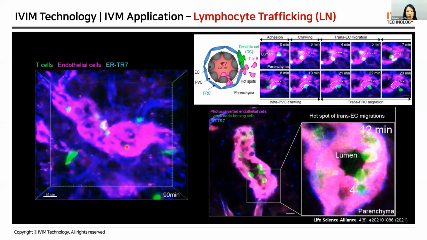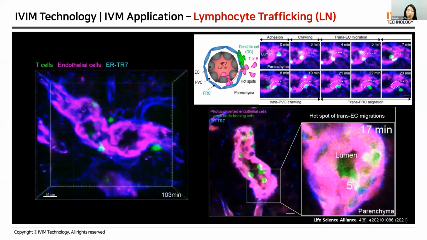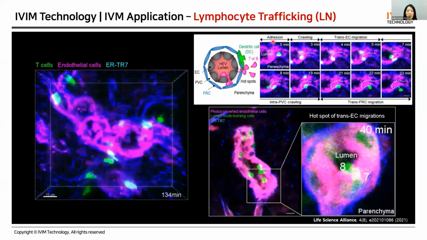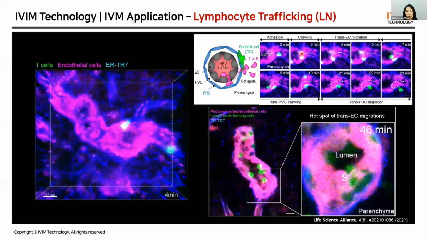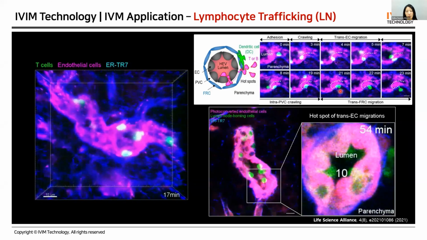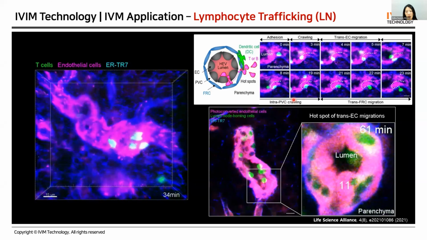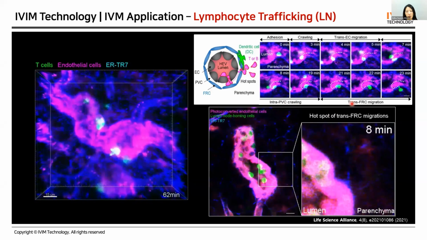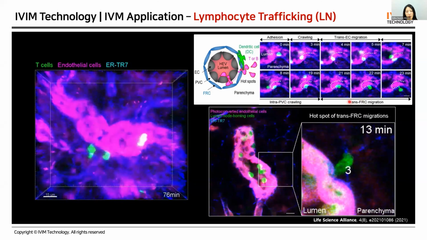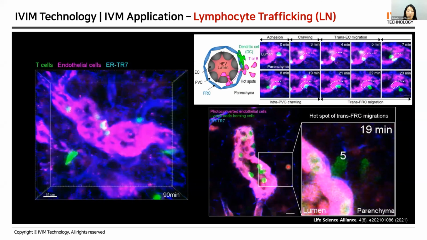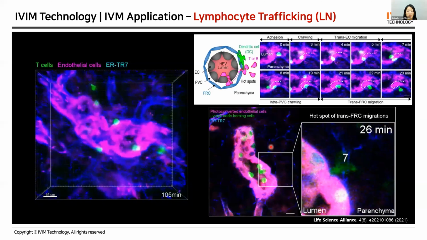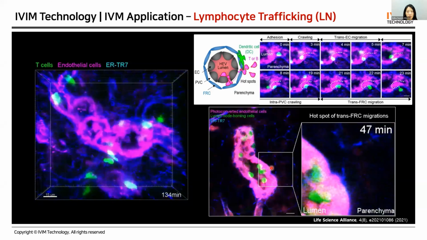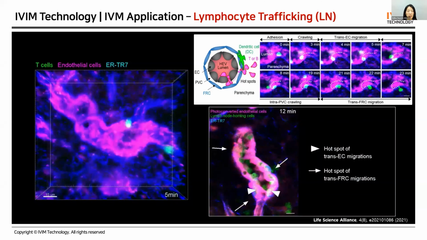So it clearly showed the multiple steps of T cell migration across the high endothelial venule, which are composed of endothelial cell adhesion, intraluminal crawling, trans-EC migration, intraperivascular channel crawling, and trans-FRC migration, and finally getting out of the HEV, arriving at the lymph node parenchyma. And from the long-term time-lapse imaging, we could identify that there are some hotspots in the endothelial venule where T cell transmigration selectively occurs.